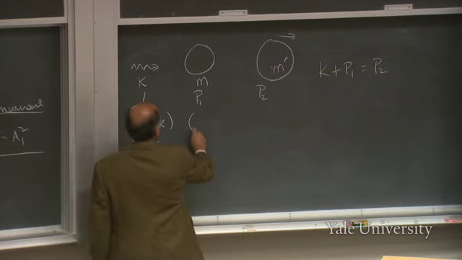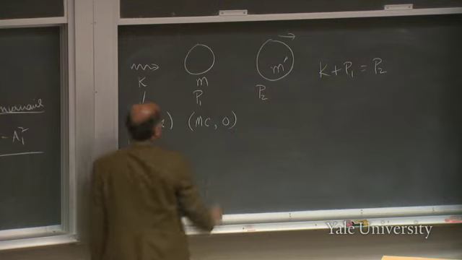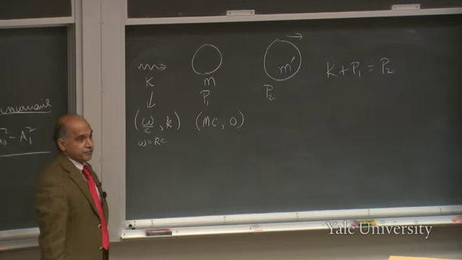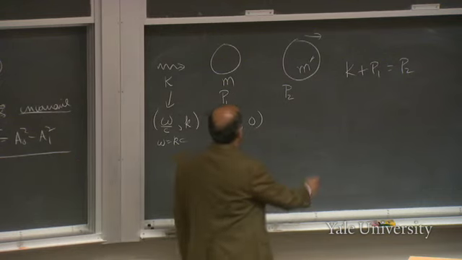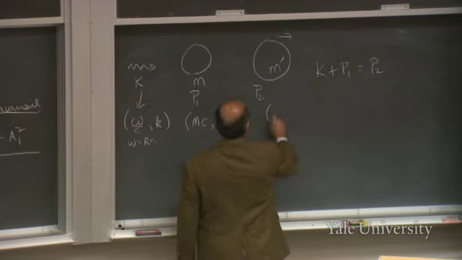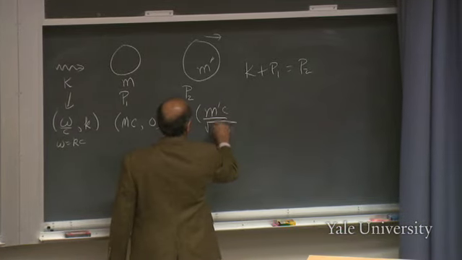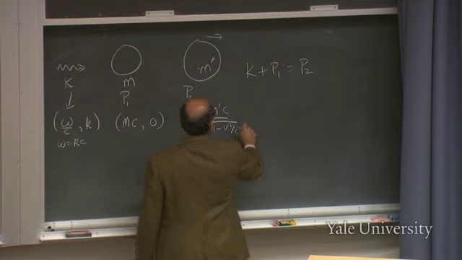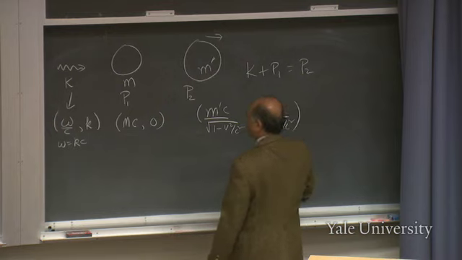P1 has an energy which is mc and no spatial momentum because I'm not moving. At the end of the day, P2, I am moving, but I also have a new mass. And I have a new velocity, which we don't know. Then I have m prime v divided by square root of 1 minus v squared over c squared.